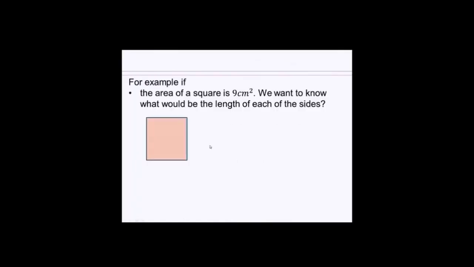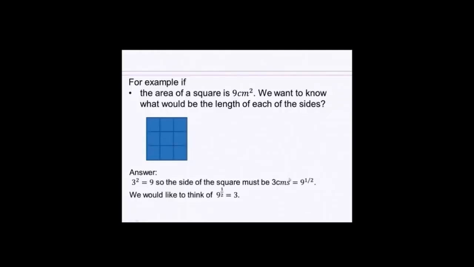But let's take an example. If you have a 9 square centimeter square, what would be the length of it? We're saying 9 to the 1/2 is how we should think of it. So 9 to the 1/2 would be 3, because you can see in the picture here, 3 by 3. 3 squared is 9, and it's consistent with what we've been saying.